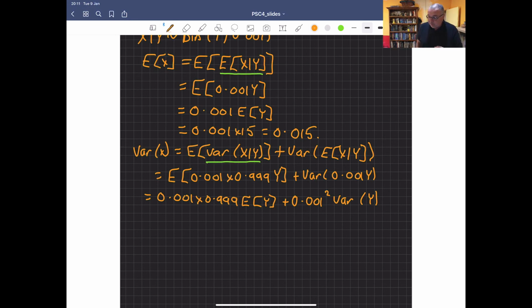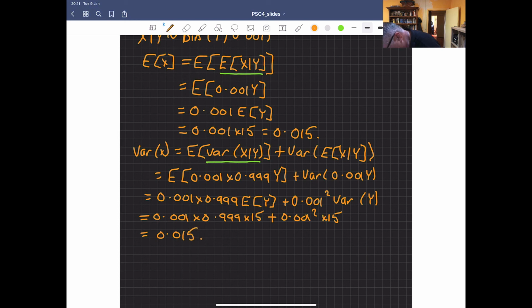Again, y is a Poisson random variable, so its variance is also 15. So we've got 0.001 times 0.999 times 15, plus 0.001 squared times 15. And if you do that, I got 0.015.